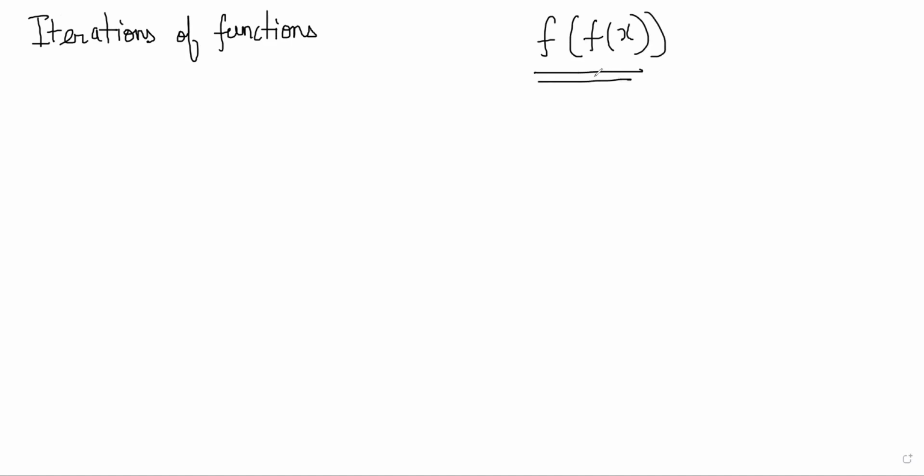Iterations of functions. So basically, you might have heard of something called a composite function. So f of f of x is like a composite function where f has been taken twice. And what this means is instead of just simply writing f of f of x, we are inputting f of x to an f function, right? So I would just say this can be written symbolically like this, f of 2 of x.